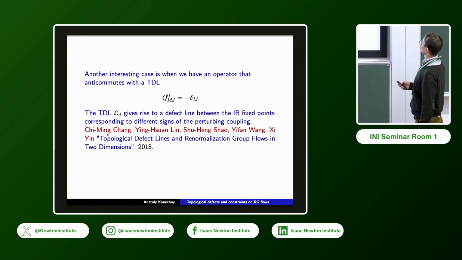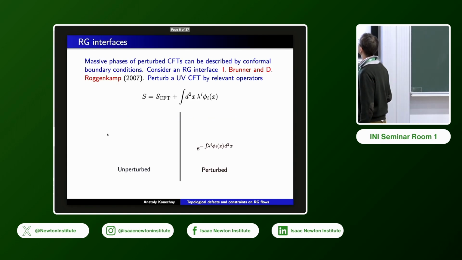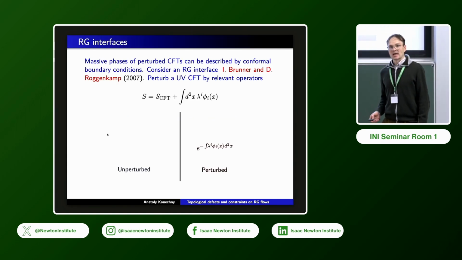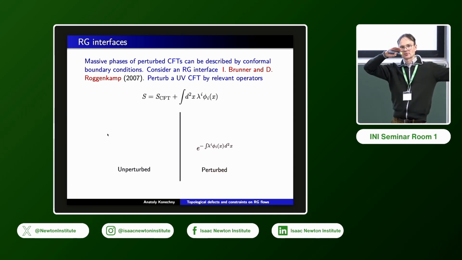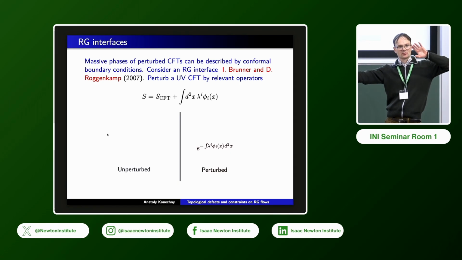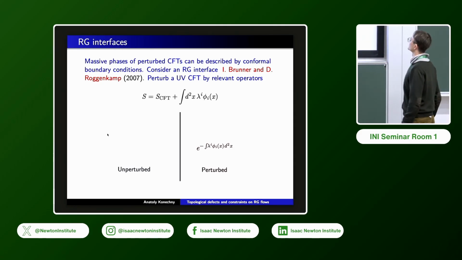So in particular, they noticed that if it anti-commutes, then there should be a defect. So then you have a defect between two different infrared fixed points, one to which you flow with positive coupling and one to which you flow with negative coupling. So there's still something nice you can say about that.